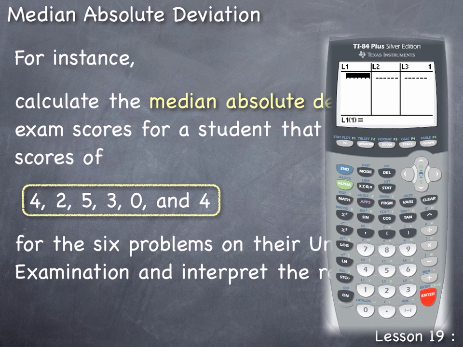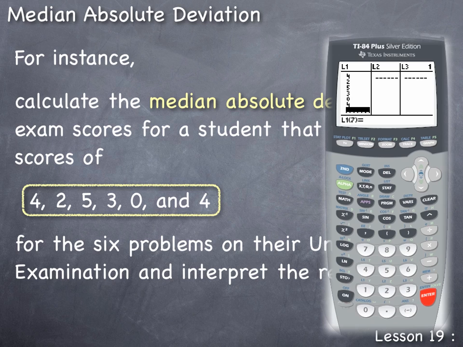Entering the data in one at a time, followed by Enter, we'd start off with 4 for the first exam score, Enter. And then a 2, Enter. 5, Enter. 3, Enter. 0, Enter. 4, Enter. Now I have all the Unit 1 exam scores for the student entered into List 1.